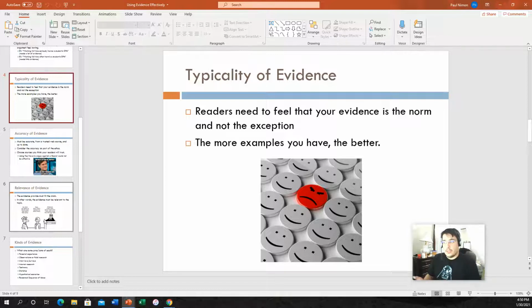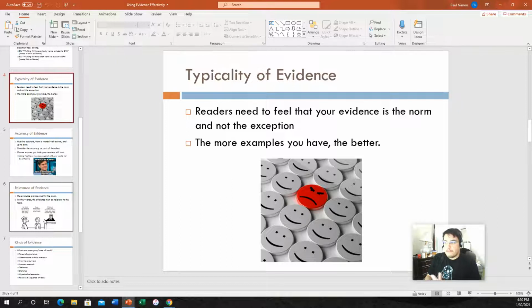On the other hand, you have one particular article that a lot of anti-vaxxers point to that claims that vaccines cause autism. Now, the question you have to ask yourself is that one article, should that be considered the norm, or should that be considered the exception?